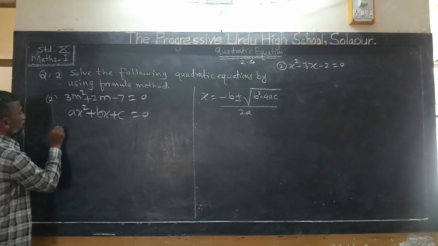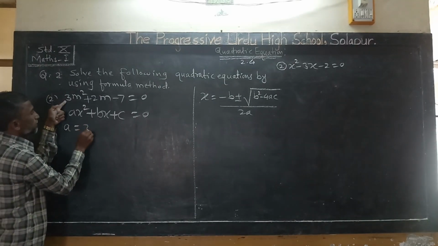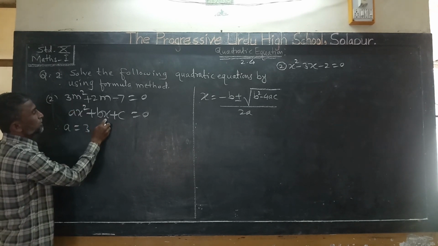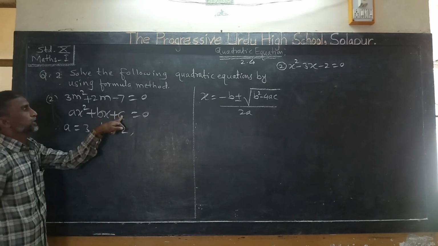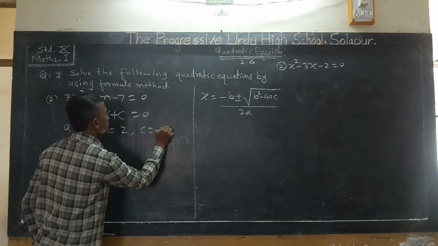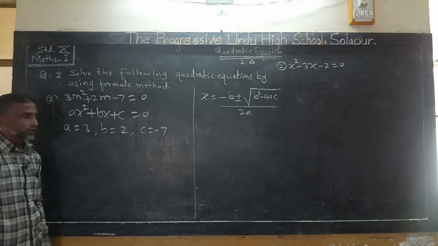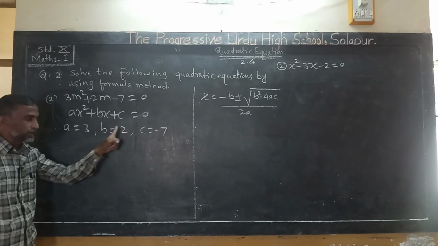a is 3, therefore a is 3. Comparing these two, b is 2. Now, c is minus 7. First, write the values of a, b and c.